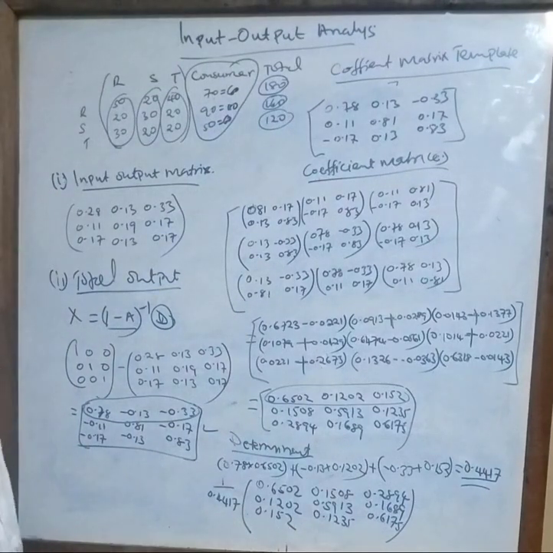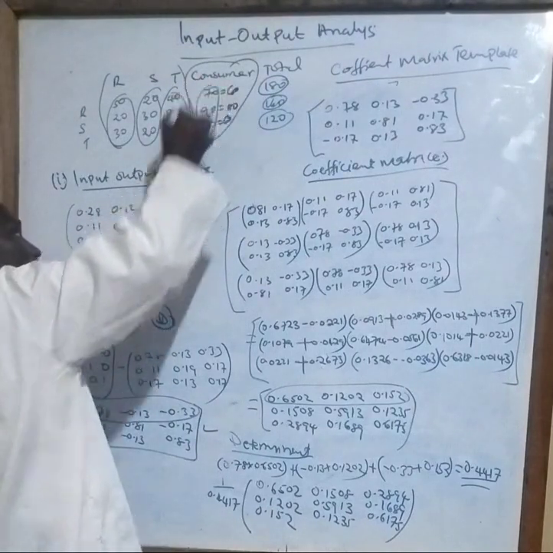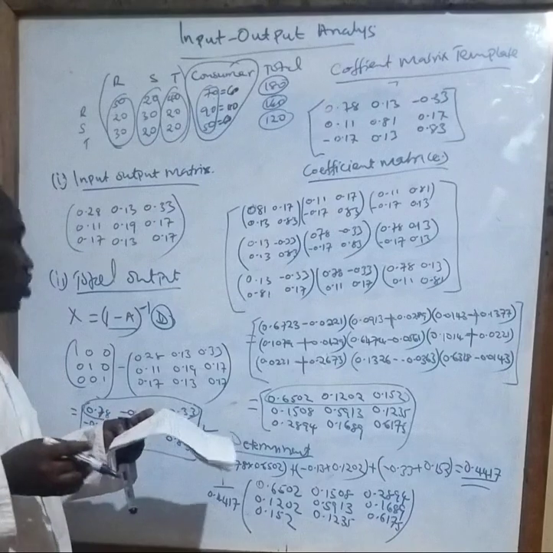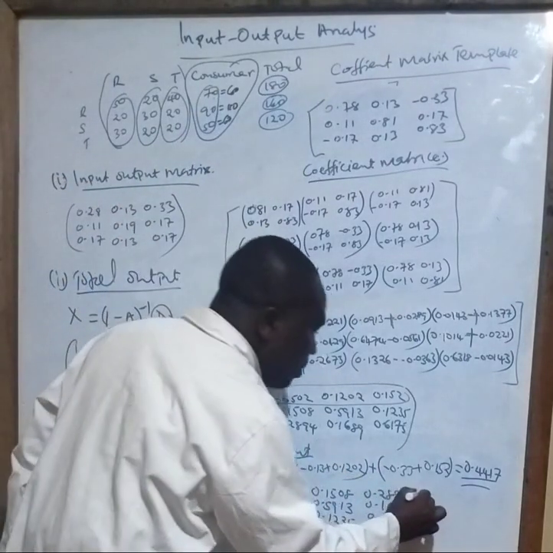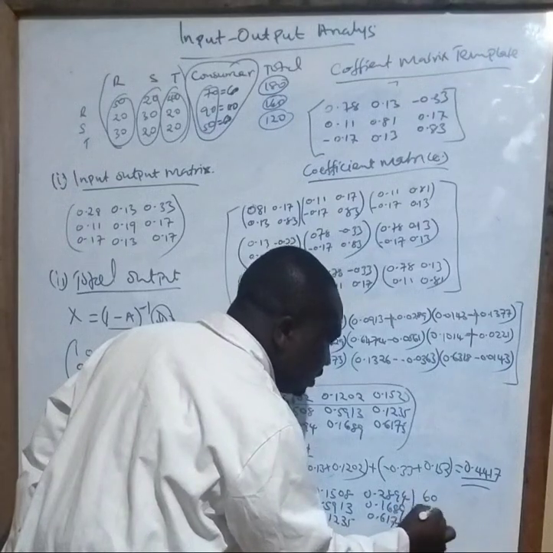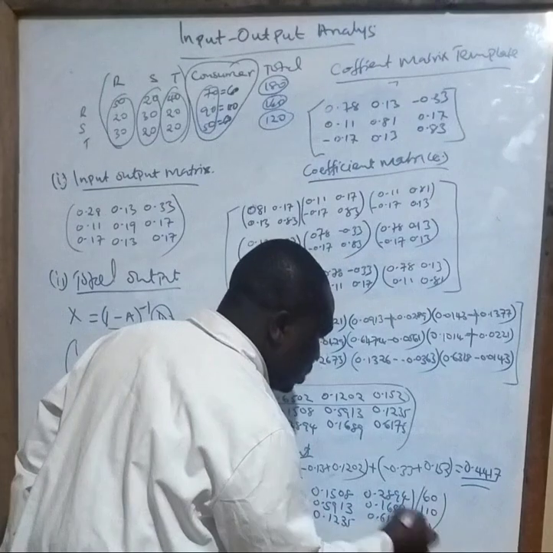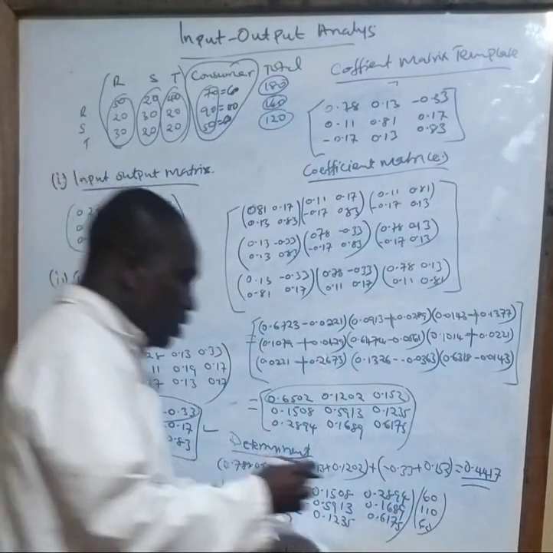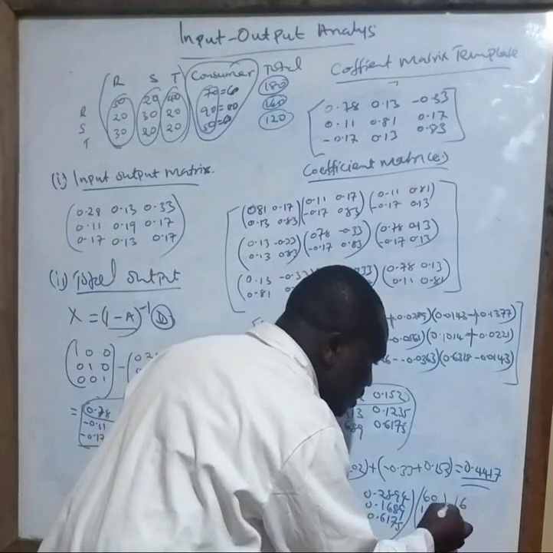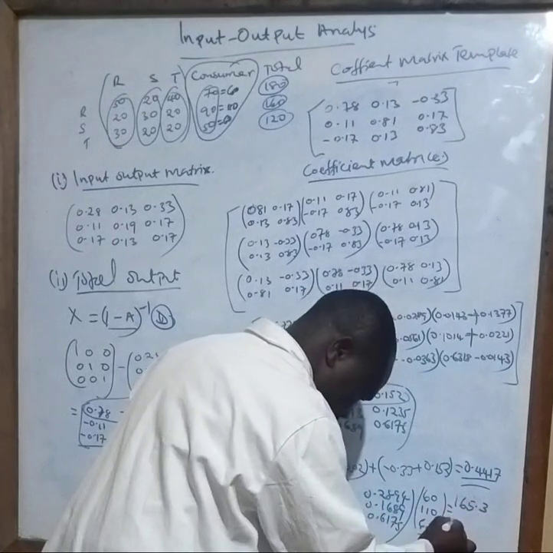How do you get the answer? You multiply by the demand. In this case, we are not going to use the 70. We go back to the question. The question was saying it was changed to 60, 110, and 110. So you multiply by 60, 110, 60. So if you multiply this one carefully as the way we have done, your answers you get will be 165.3.